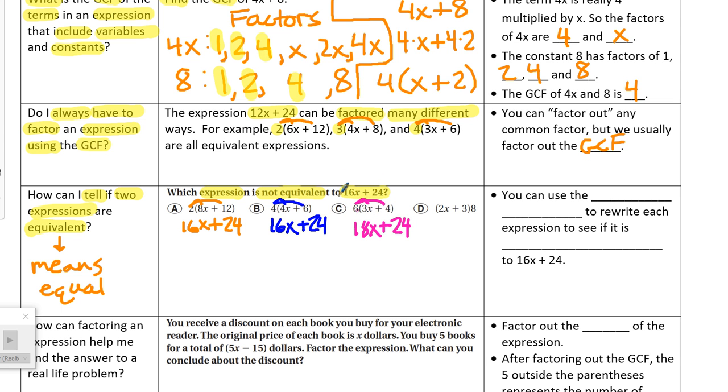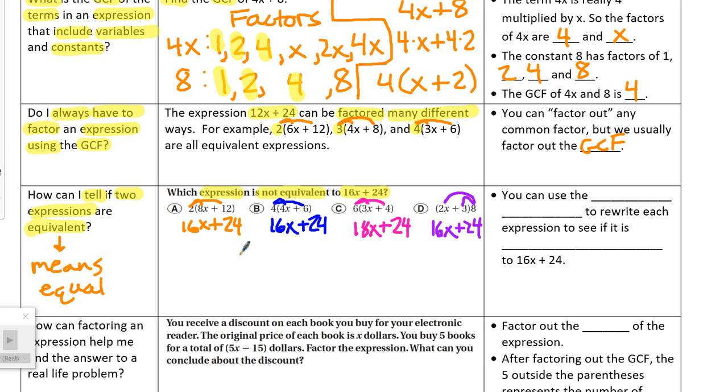It wasn't, because when you distribute 6 times 3x, you get 18x, not 16x. And just to check, look at this weird one over here. The 8 is after the parentheses, but still it's multiplying because it's next to parentheses. That 8 would distribute to the 2x. 8 times 2x is 16x. And then 8 times 3 is 24.